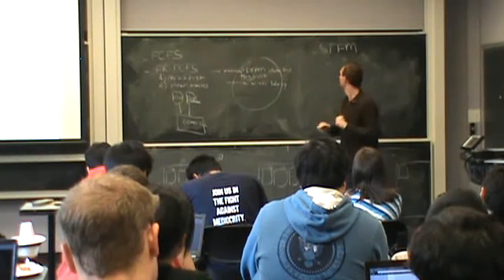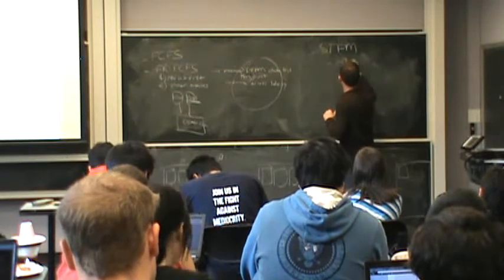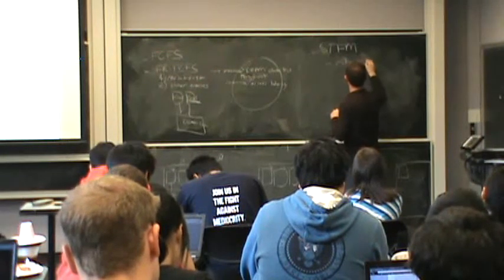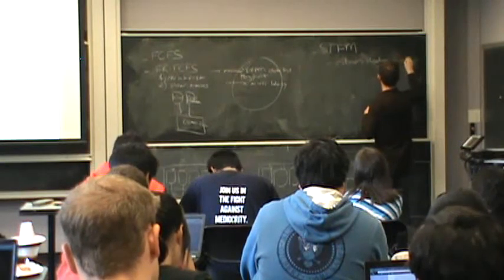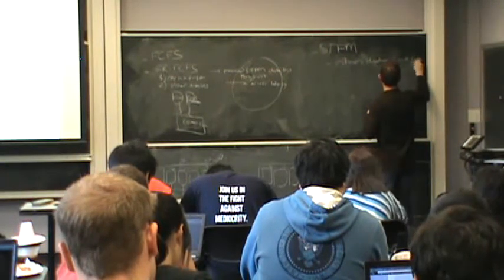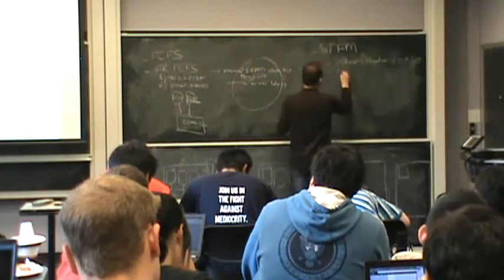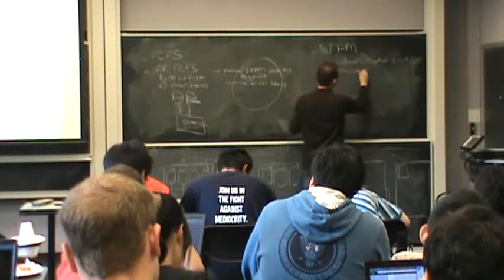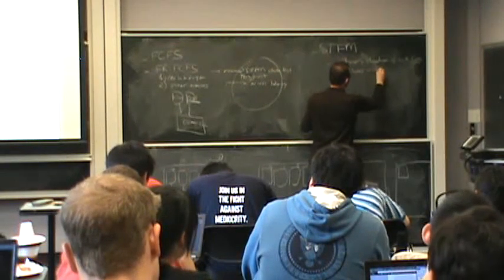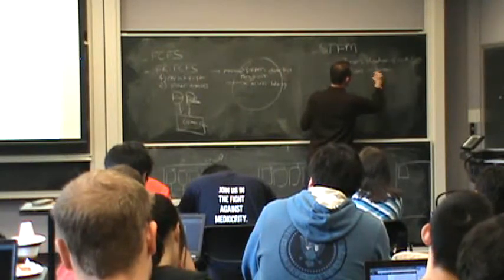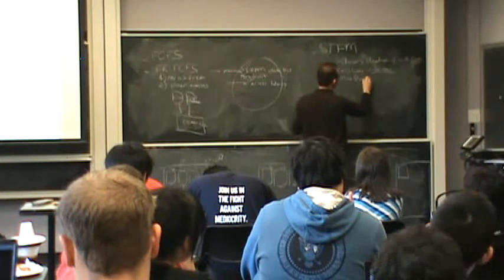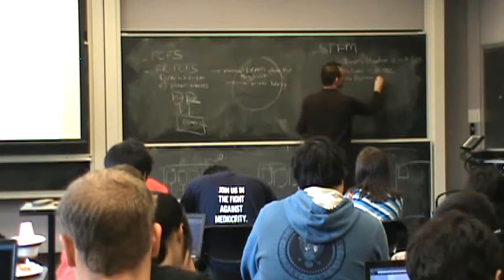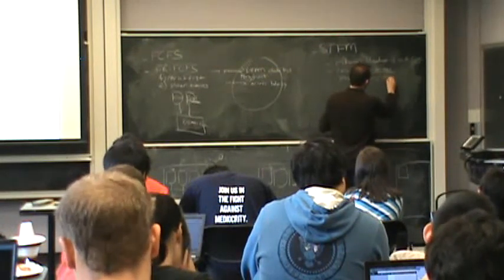So the controller, what does it do? The controller estimates slowdown of each core, let's say, and then it calculates an unfairness value, which is the max slowdown of any core divided by the minimum slowdown of any core.